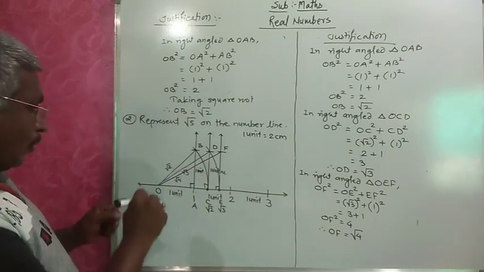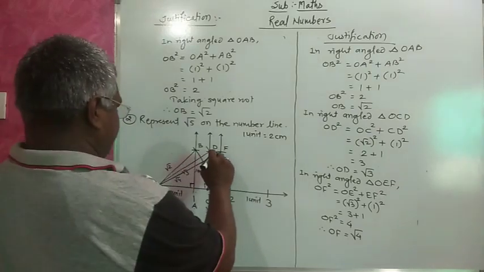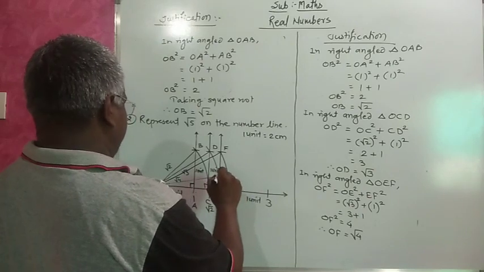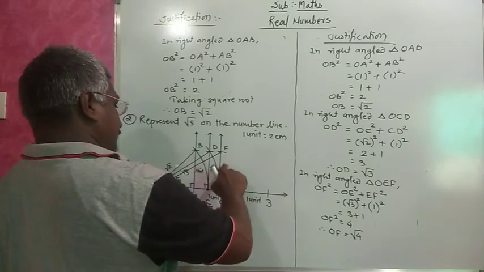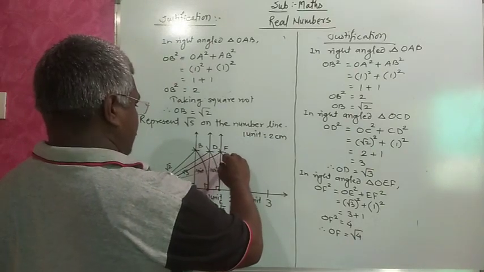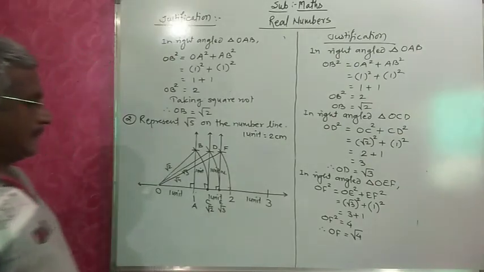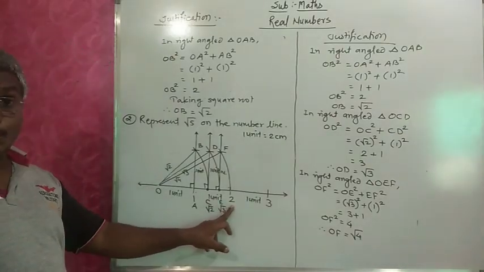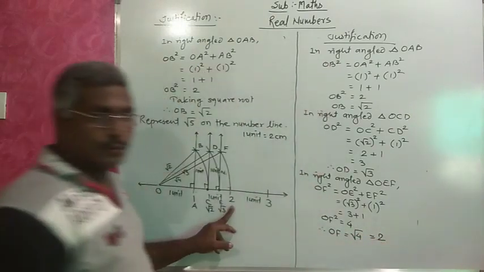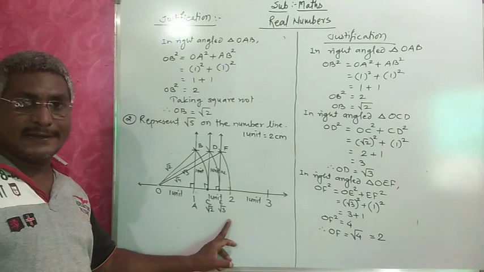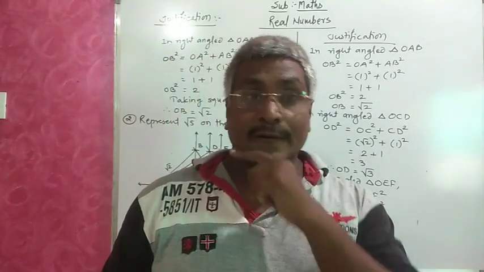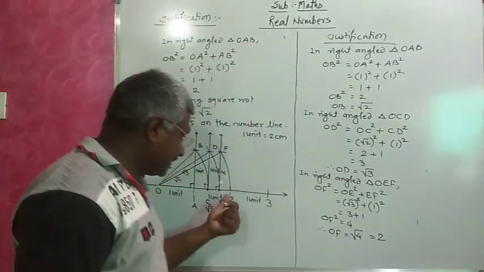So take OF in the compass and mark. Where does it intersect? At 2. So square root of 4 is 2. Got it clearly? If 1 mm difference is there in your measurement, you will not get this correctly.